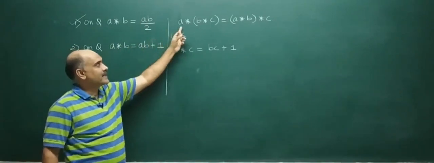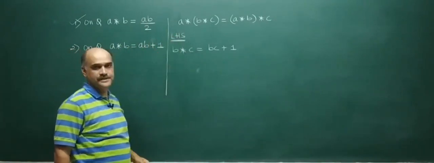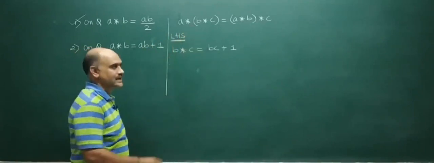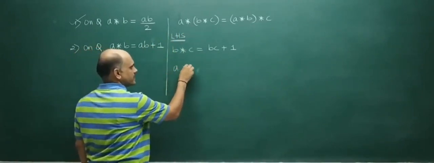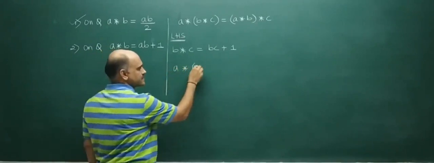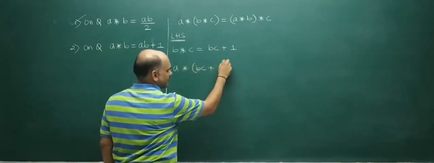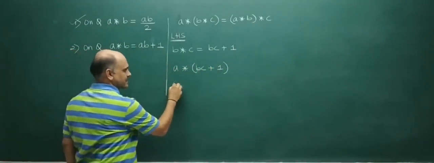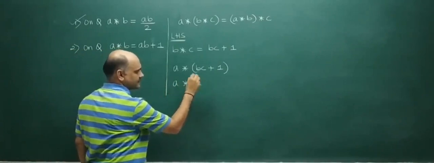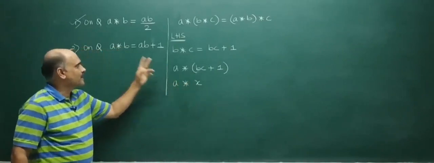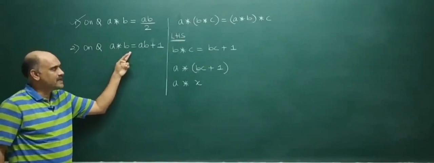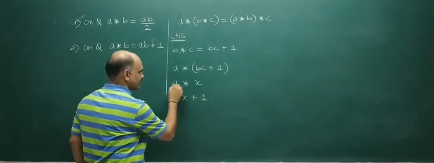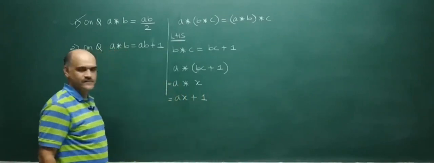Now again take A star (B star C). So B star C, I will take as X. So B star C is BC plus 1, which I will take as X. A star X, now if you apply this formula, will be AX plus 1.